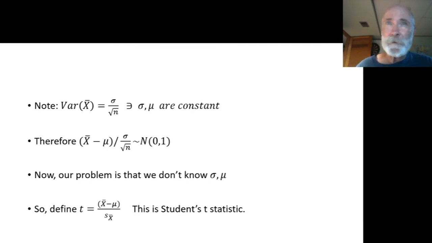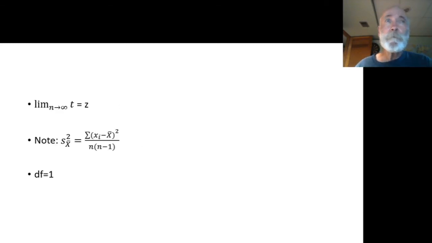And that then is our student's t-statistic. Now, the limit as the sample size goes to infinity of t is actually the z-score. And notice, too, that the variance of the mean is going to be equal to the sum of x sub i minus x bar quantity squared divided by n times n minus 1. Recall that n minus 1 is our degrees of freedom, and we addressed that in the other video.